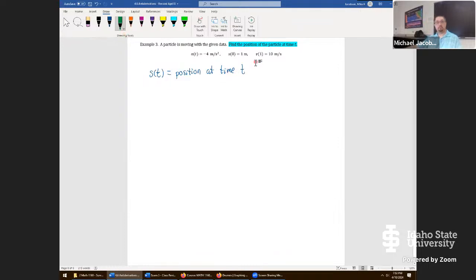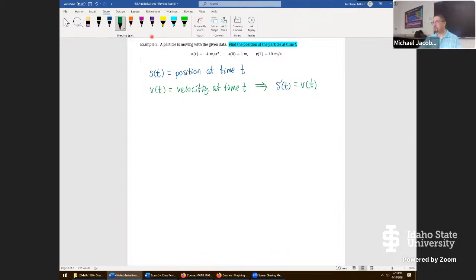Now we have v right here. This one's velocity, and we can write out v of t equals velocity at time t. But already knowing that that's velocity means it's a rate of change of position. So you can say over here to the right that this implies if you take the derivative of position, you get velocity.